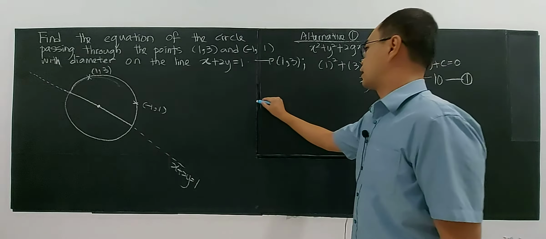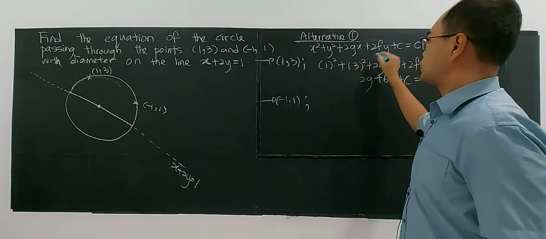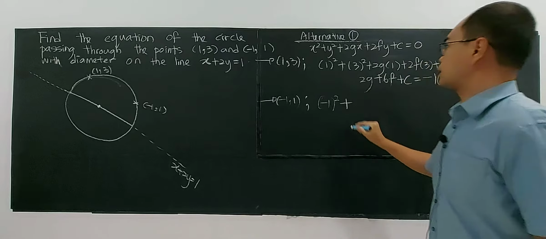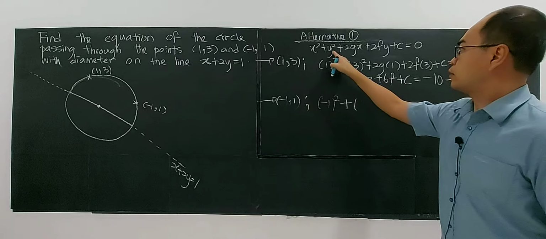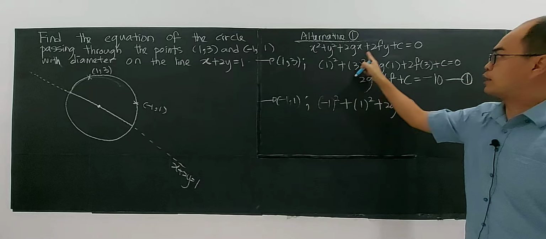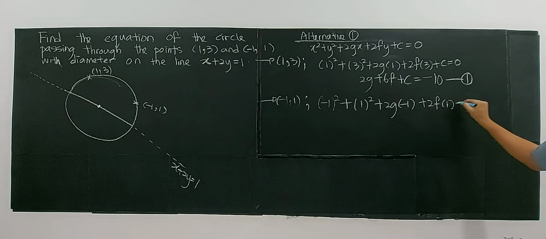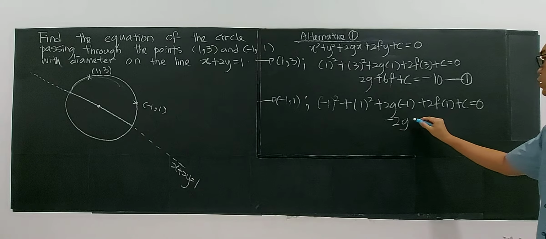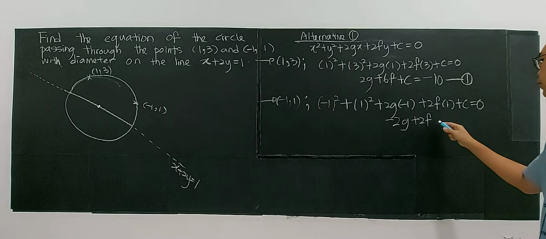So we can find another equation using the general equation: negative 1 squared plus 1 squared plus 2g times negative 1 plus 2f times 1 plus c equals 0. Rearranging, we have negative 2g plus 2f plus c equals negative 2, since 1 plus 1 is 2. That is equation number 2.